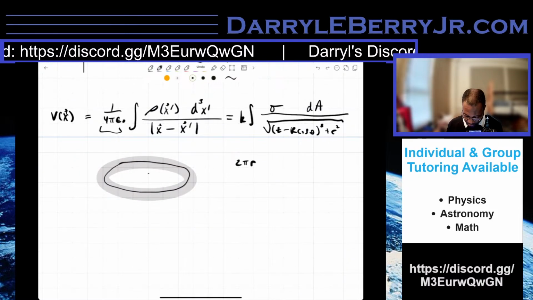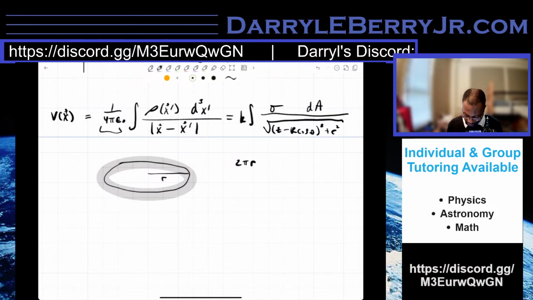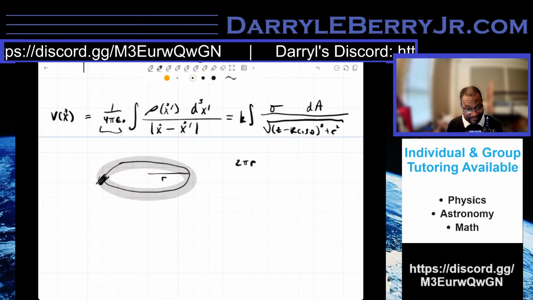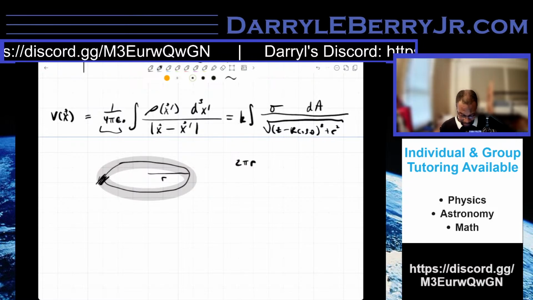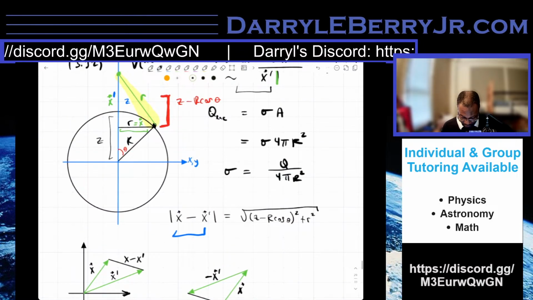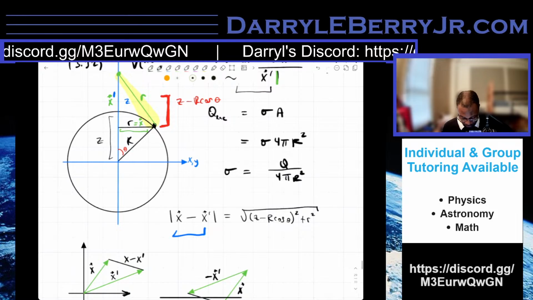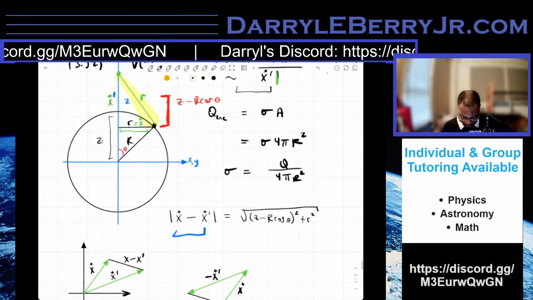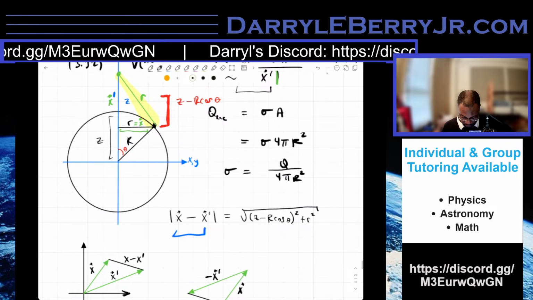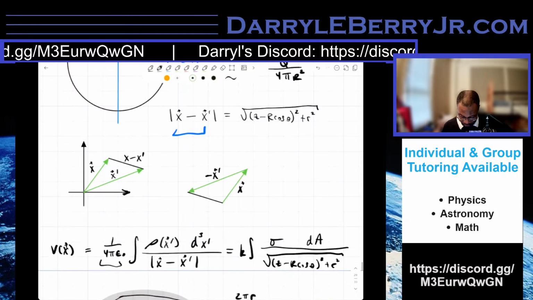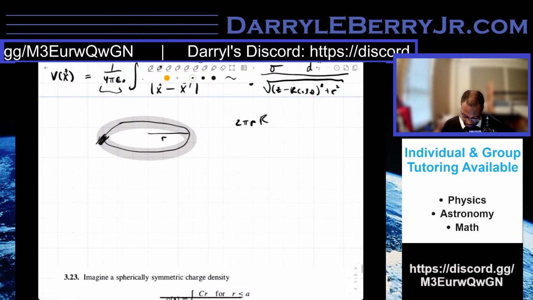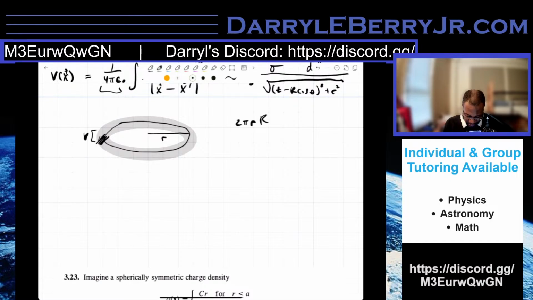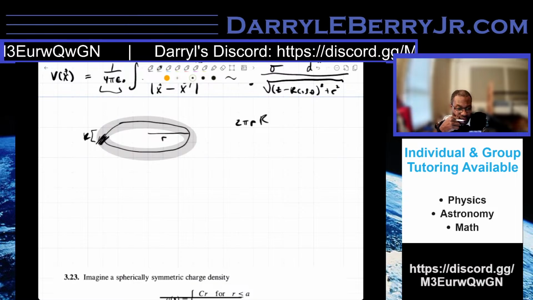This right here was r straight across. And then we have the height of this thing. Now they call the height r. They call in the fact that this height right here is r high. It seems like that should be different.